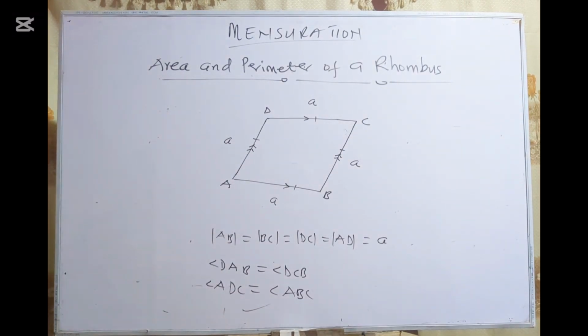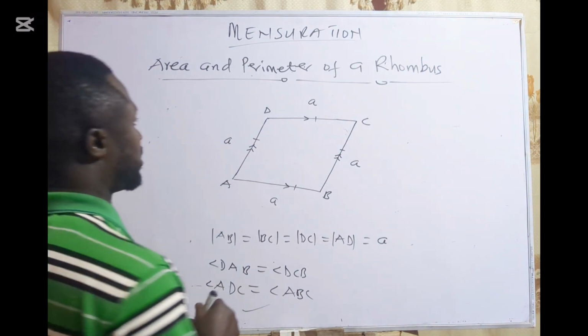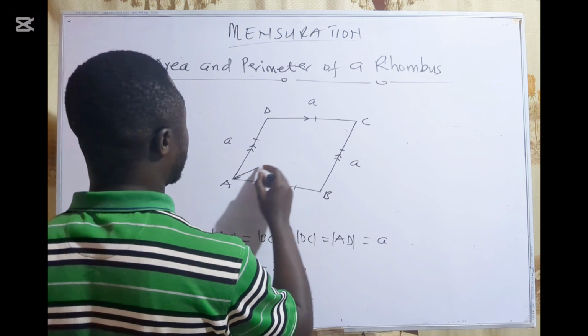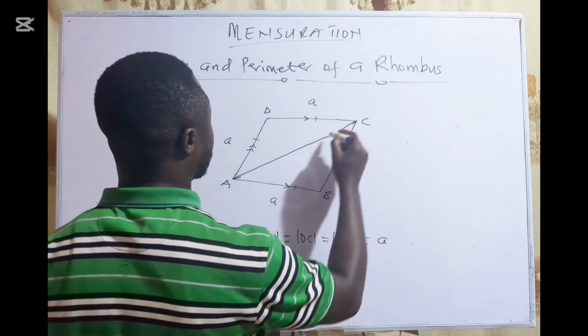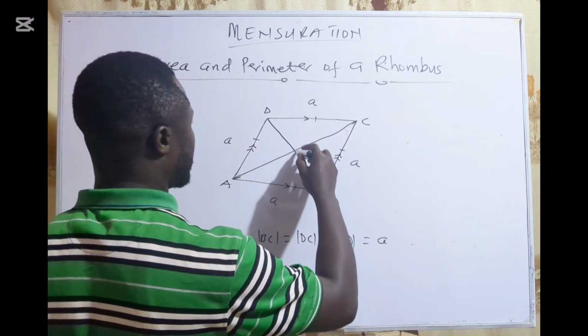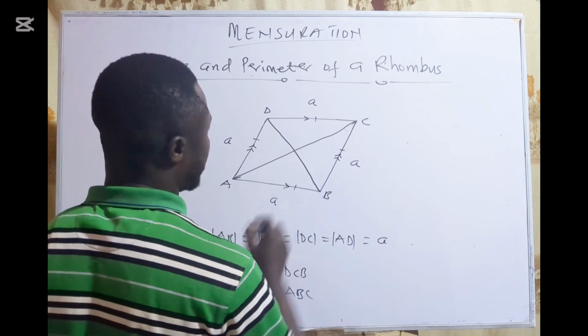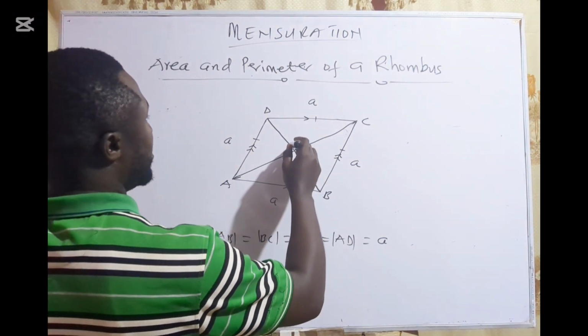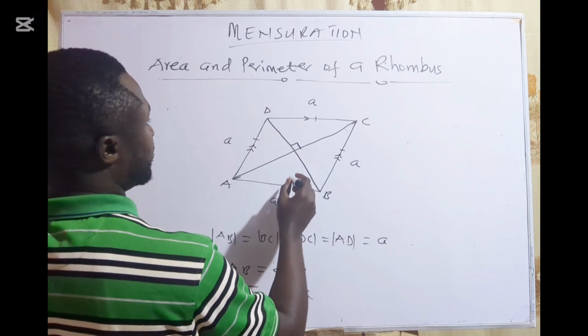What we should also know about a rhombus is that if you draw the diagonals, let's look at some properties of the diagonals of a rhombus. The diagonals of a rhombus meet at a right angle.